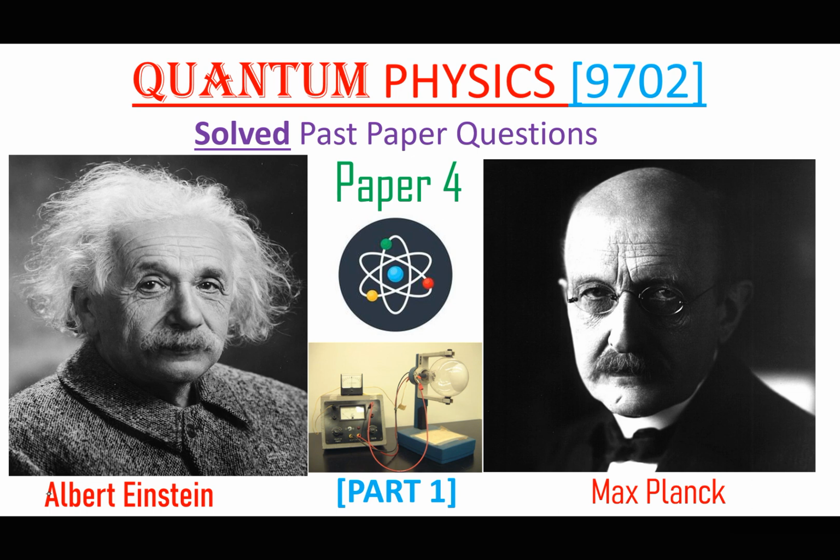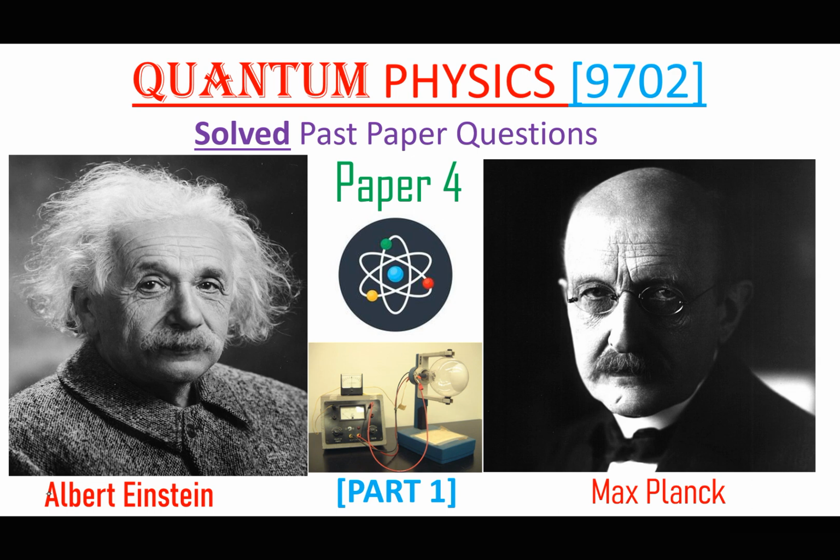Later on in 1905, Albert Einstein extended Max Planck's theory, Max Planck's observation, to light. And Albert Einstein concluded that light is emitted in those small packets. It travels through space in those small packets and is absorbed by other objects in the same small packets.